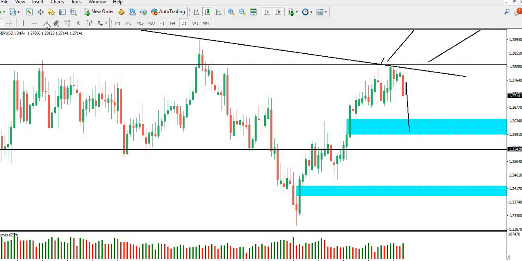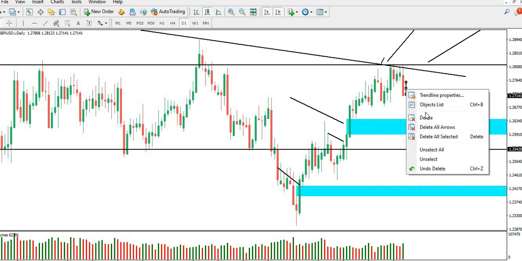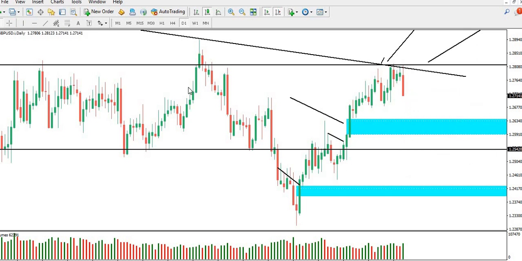So we are having one gap, we are having a second gap, and even at this point, if we see here, we are having another gap. The market will not fill these gaps instantly or in a straight line coming downward. The market will do as it usually does.